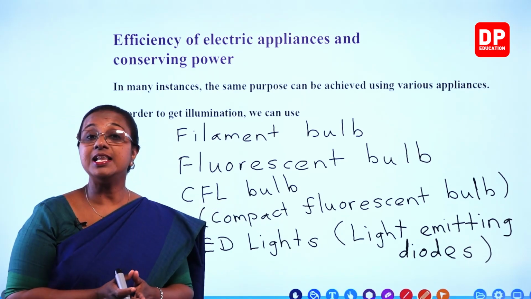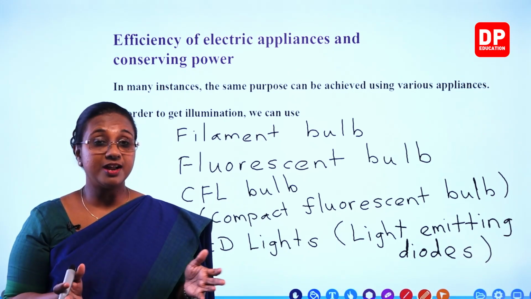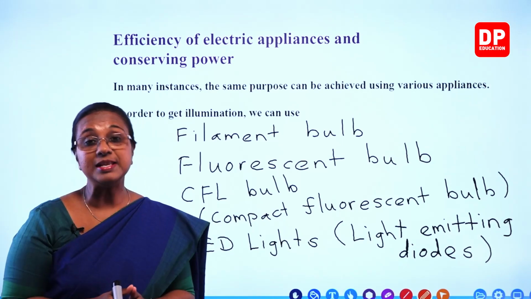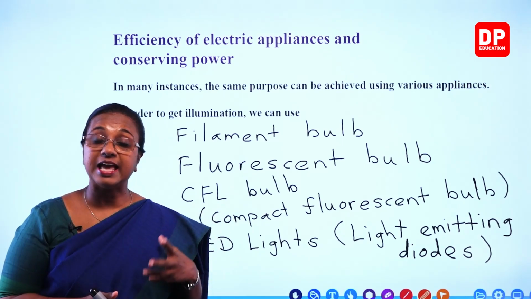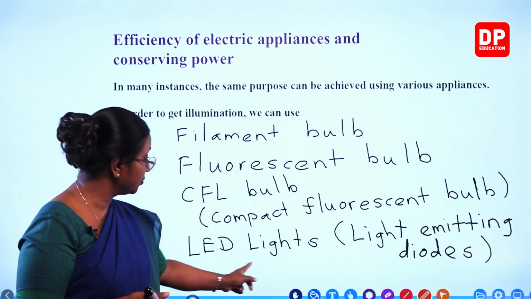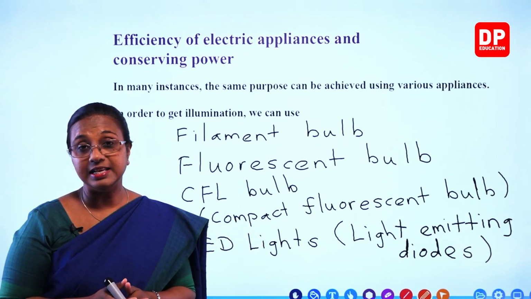Then we have the LEDs. We have not discussed diodes and transistors yet. We'll be discussing them with electronics, but you're familiar with diodes, light emitting diodes, diodes that can give out light. So there are bulbs that are made using light emitting diodes. So those are the LED lights.